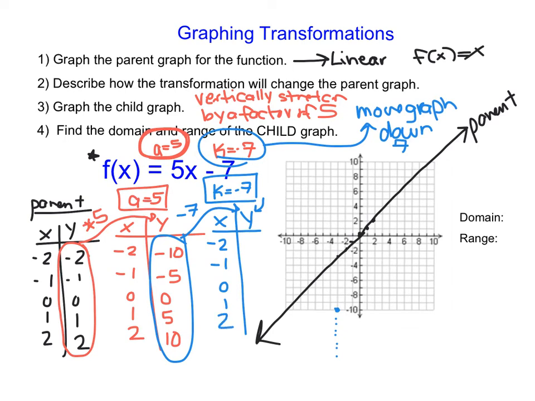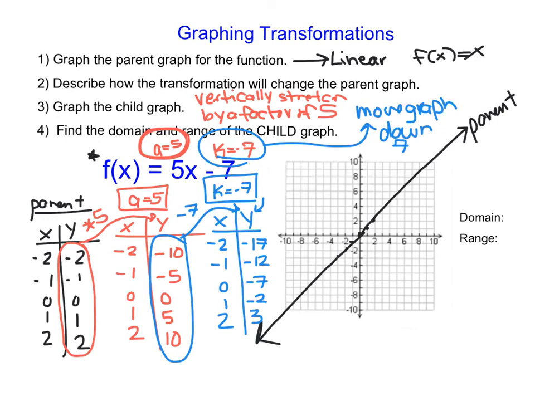But you can take all of our y values, so -10 minus 7 is -17. -5 minus 7 is -12. 0 minus 7, -7. 5 minus 7, -2, and here we have 3. So again, if you'd like to go to each point and just move them 7 units down, that is perfectly fine. The other option is to just take all of your y values and shift them down by 7.